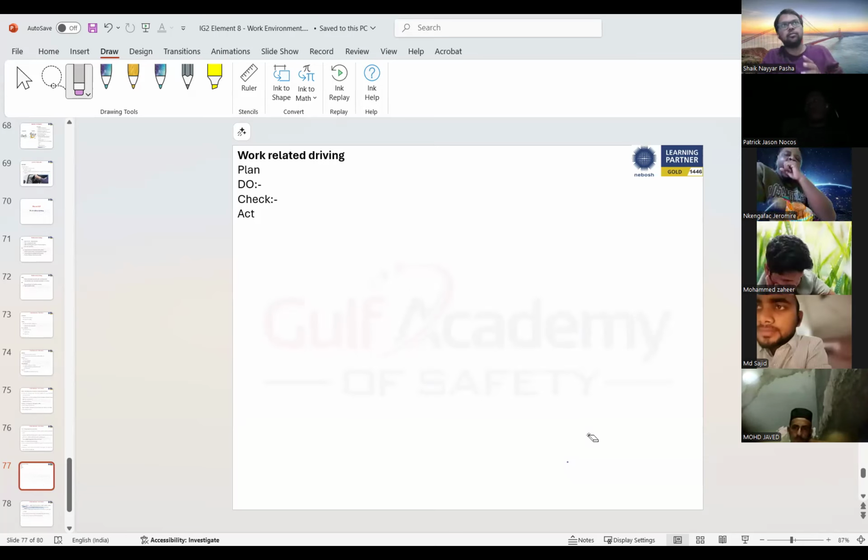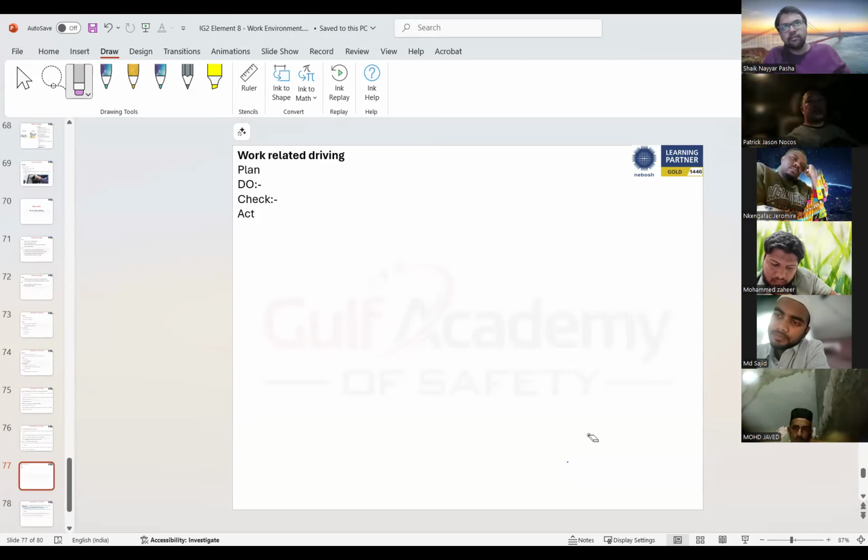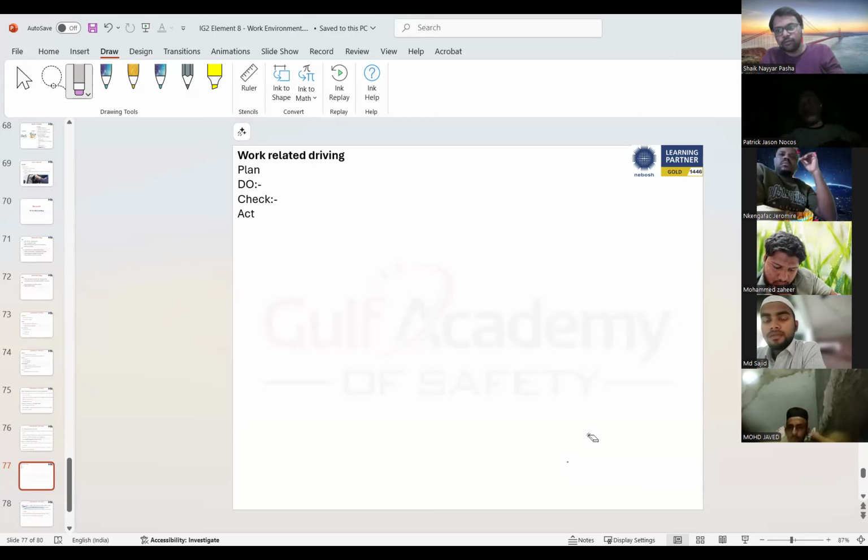Heavy rains are there, roads are blocked, the railway bridges are damaged, the roads are damaged, the bridges are collapsing, or the roads are completely filled with water. No driving. So the driver should also be provided with a proper weather forecast, and the driver should also be informed when to drive and when not to drive in case there is any extreme weather condition. Am I clear?